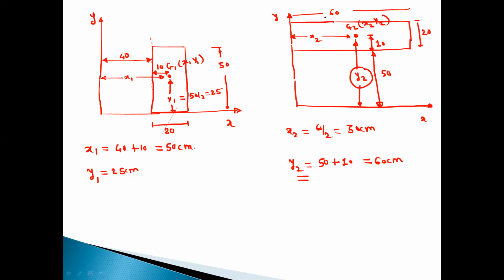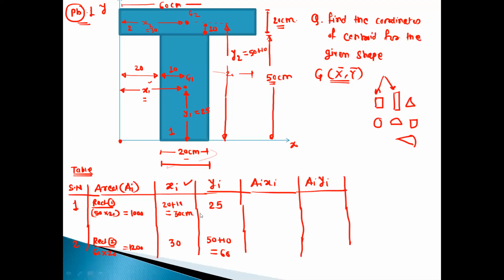Okay, so is it clear to you? So here x1 is 30 centimeter, x2 is also 30 centimeter. Okay, and y1 is 25 and y2 is 60 centimeter. So find out the value ai xi, then ai yi. So multiply the area and x, then multiply the area and y.